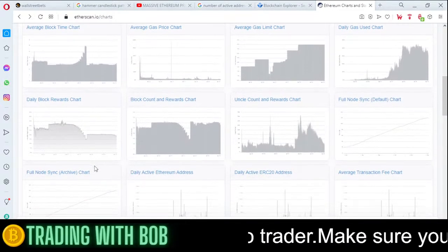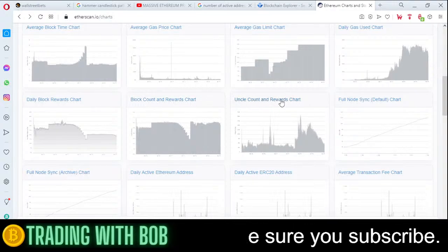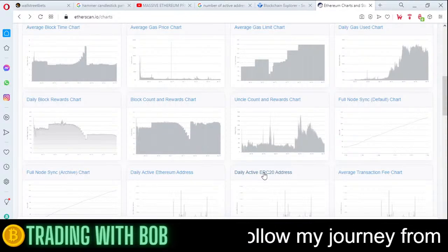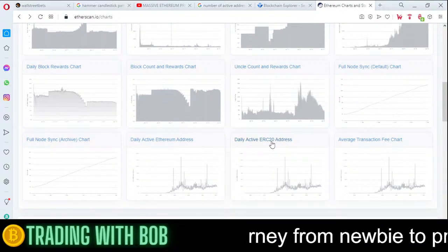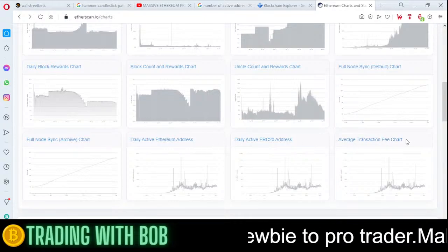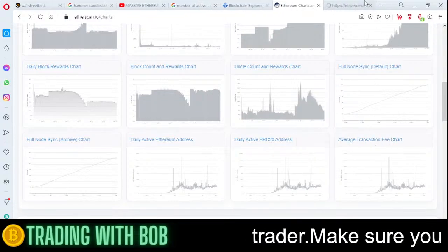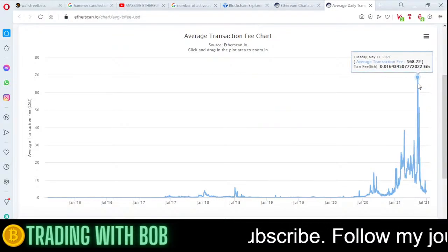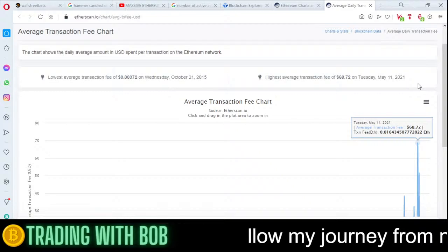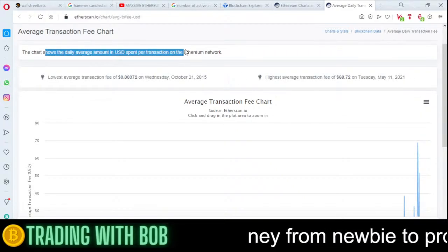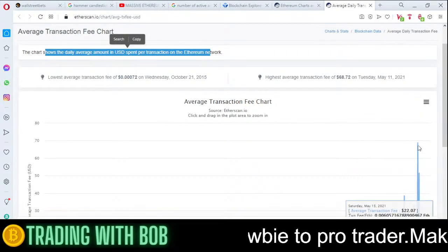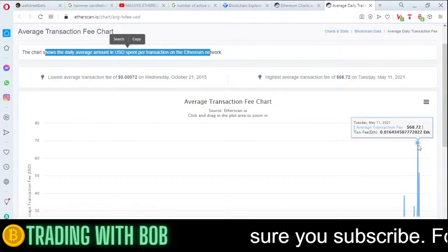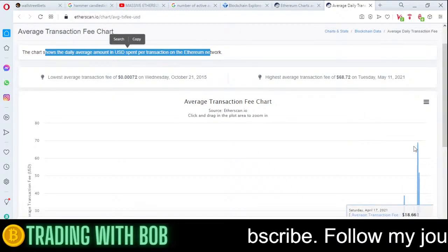Gas use chart. Daily block rewards, unique, average time, daily active ERC20 addresses, transaction fee chart. I hate the transaction fees. Oh my god, I hate them. Let's see. It went all the way up to 68 per block, I think. Wait, they try to show the amount they spent per transaction. Oh my, spent 68 for, oh my god.